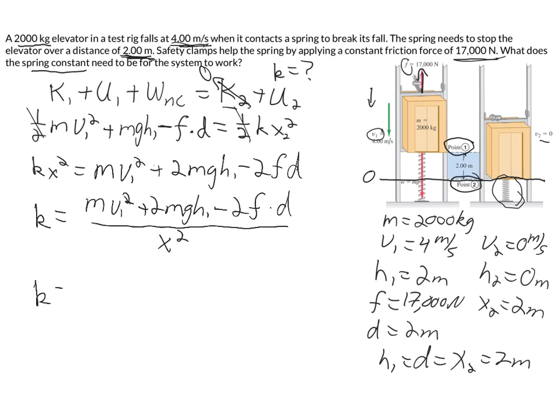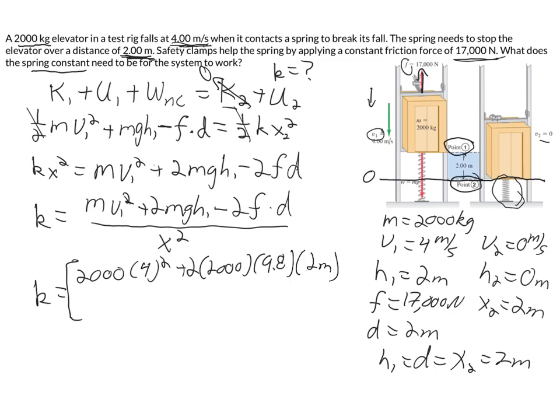From there we can just plug and chug. Our m is 2,000, v1 is 4 squared. I'm going to put my units, I know it's going to come out to newtons per meter, plus 2 times the mass again, 2,000 times 9.8, multiplied by h, which is 2 meters.